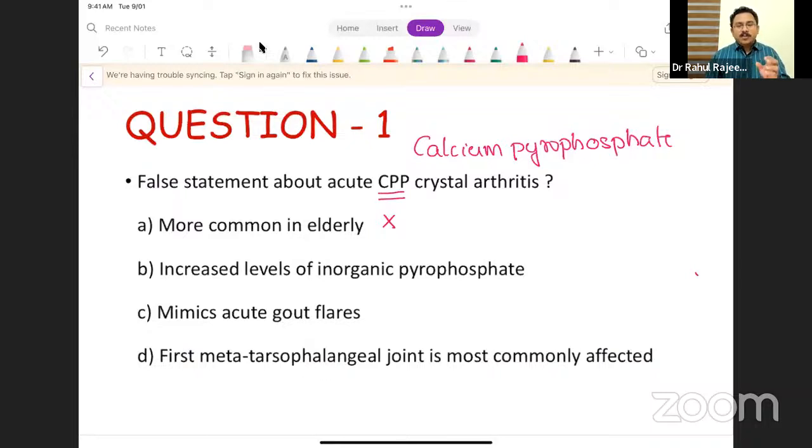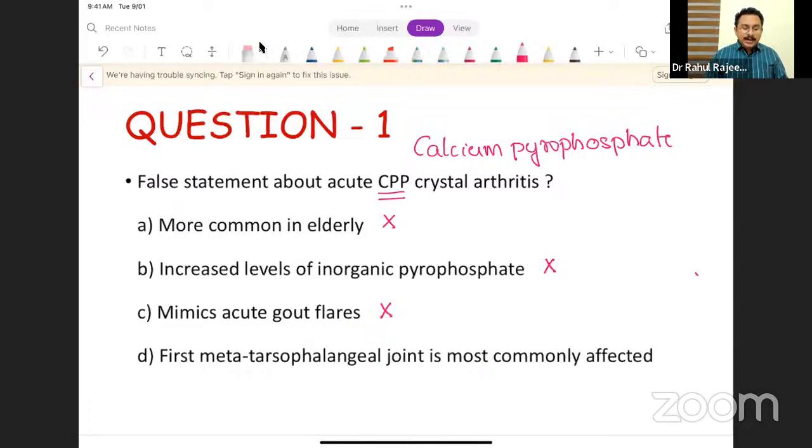And this phosphate will then combine with calcium to form calcium pyrophosphate. So the second option is also a true statement, and I am eliminating that option as well. Third one, mimics acute gout flares. I've just told you that acute arthritis can sometimes mimic acute gout. So this is also not the answer.